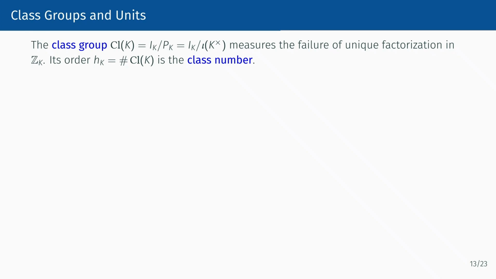But if you look at all the ideals, and you also allow fractional ideals, so you can divide an ideal by some number or multiply it by some rational element, then you get a group. These ideals can be multiplied, and this group is abelian because multiplication of ideals is commutative.